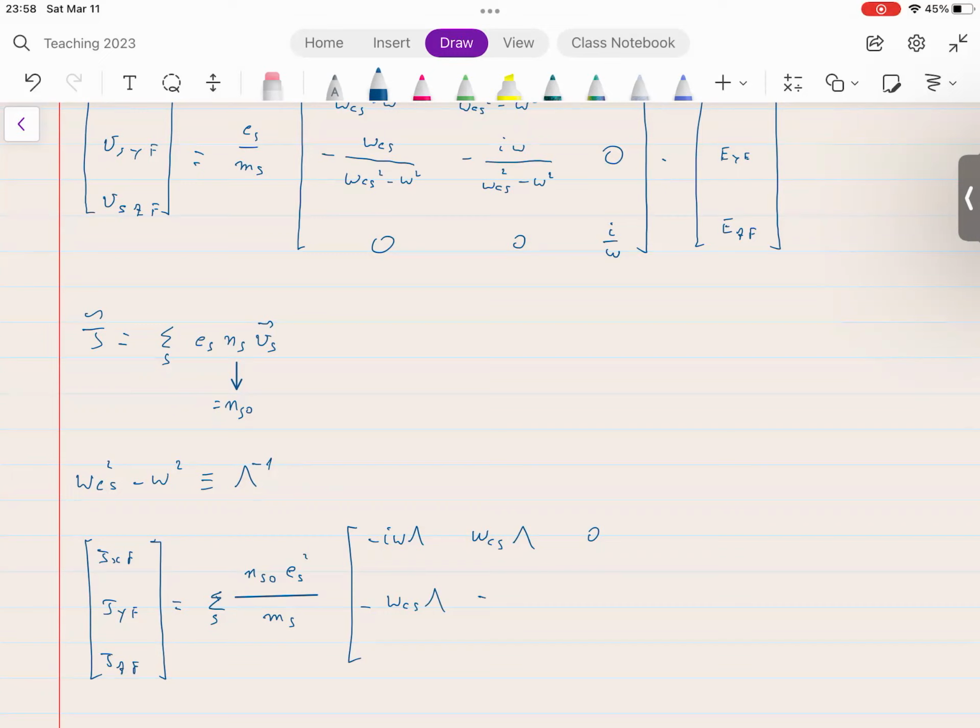Have a minus sign also here, minus i omega lambda, 0, and then 0, 0, and the last piece I'm not going to touch. It's going to stay, i over omega. And this multiplies, same as in the previous line, Ex, Ey, Ez.